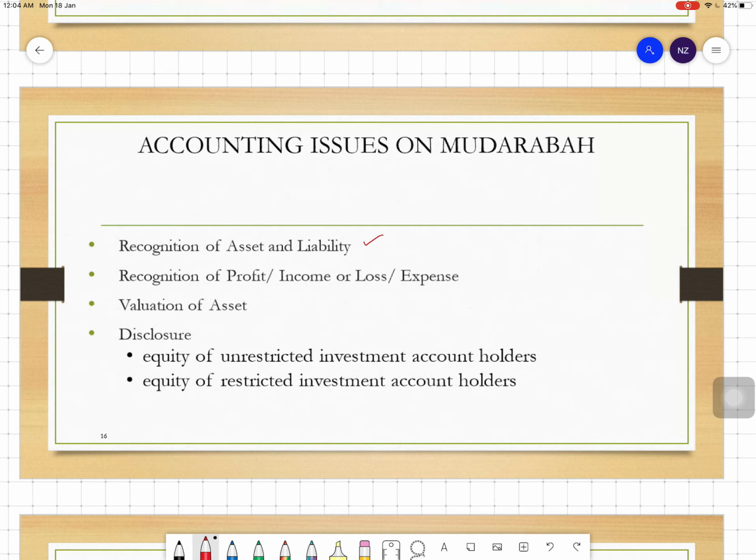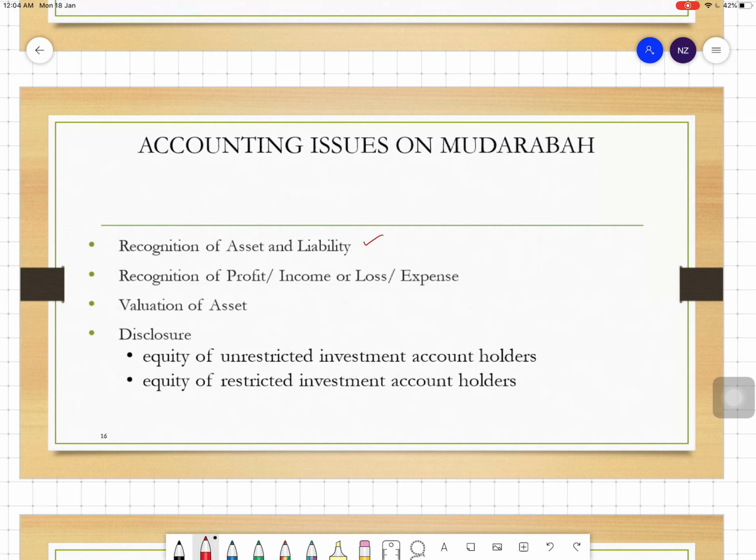Because why? Because the customers will invest in the company, isn't it? Let's say for the unrestricted investment, the bank will combine all of the funds from the customers into one investment account. So how do they evaluate the asset? Is it suitable for customer A?